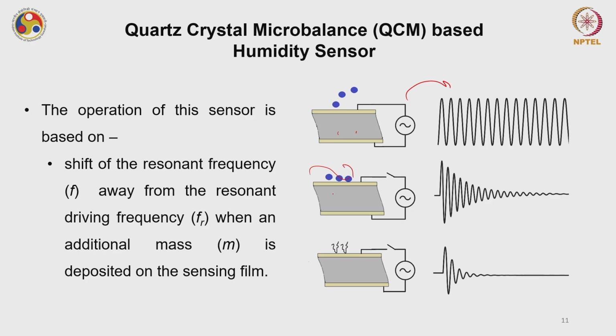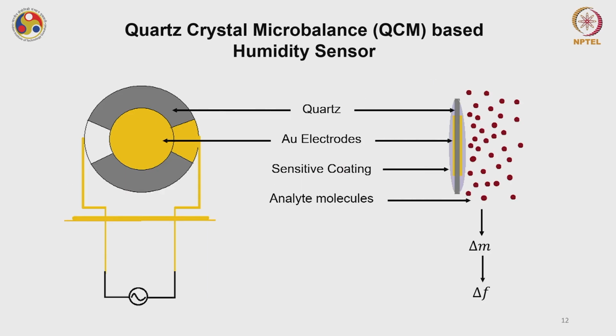So if this QCM film is made using material which can absorb some water molecules from the ambient, and this device is put in a humid ambient, of course if it is a moisture absorbing material, this water molecule will get absorbed to this film, okay, and this resonant frequency will shift from the resonant driving frequency fr, okay. So now it is no more resonating at its driving frequency, okay.